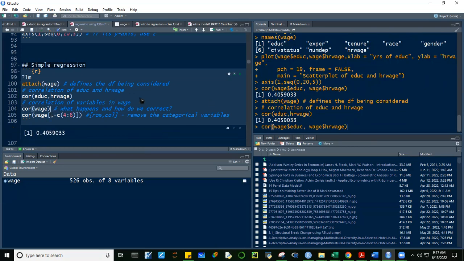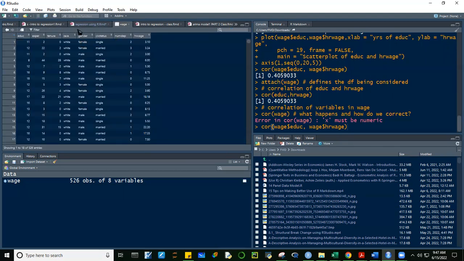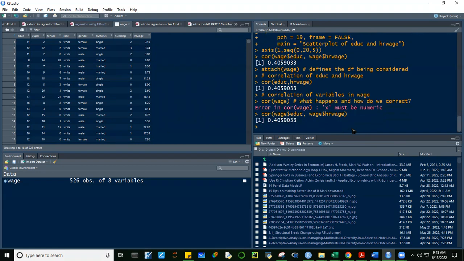Okay? And then we looked at this one last time, correlation ng wage. Nag-error siya. Bakit siya nag-error? Kasi wage as a data set contain, may mga categorical variables yan. And there's no correlation. Okay, let me illustrate that. No? Walang correlation ng, kunyari, core. Since naka-attach na yung no? I can just use race and gender. I can use this kasi na-attach ko yung kanina, yung wage.